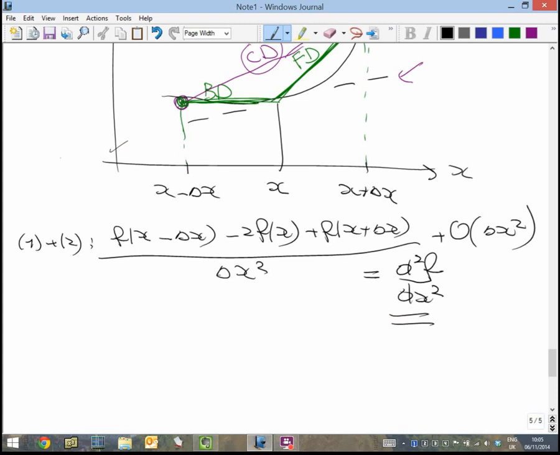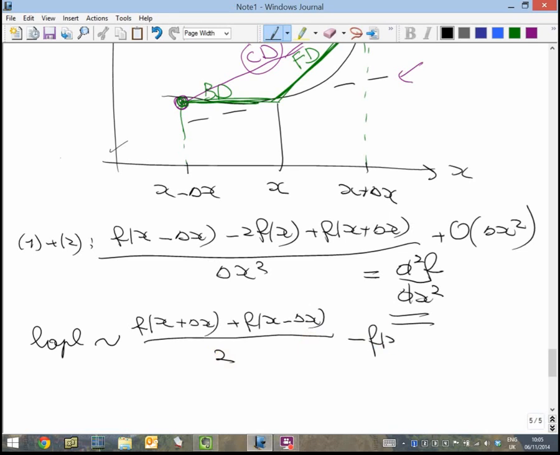So if we look at the 1D Laplacian for the time being, we see that this is in fact proportional to, if you just rearrange some constant factors here, f of x plus delta x plus f of x minus delta x divided by 2 minus f of x.